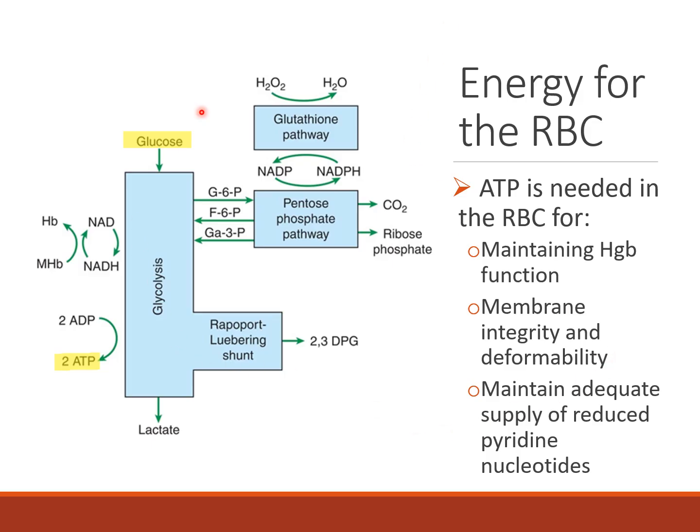Here's a little diagram and a recap of the energy and ATP production for maintaining hemoglobin function, membrane integrity and deformability, and maintaining an adequate supply of reduced pyridine nucleotides.